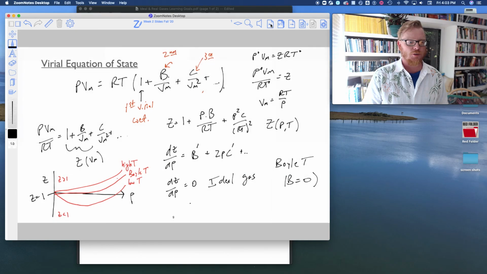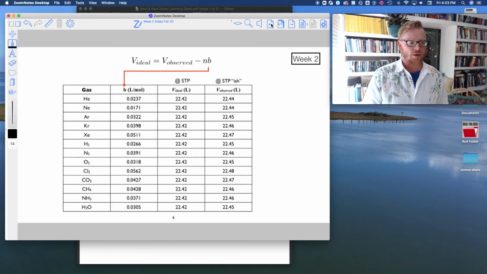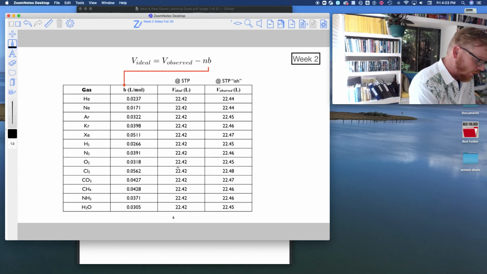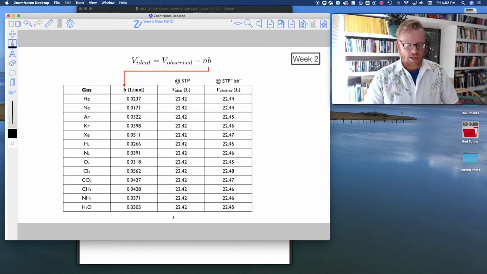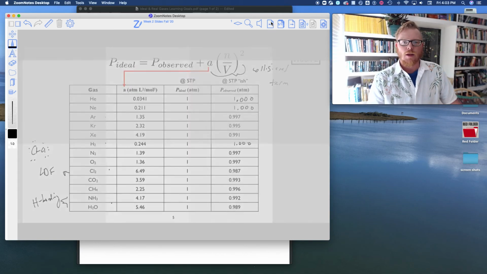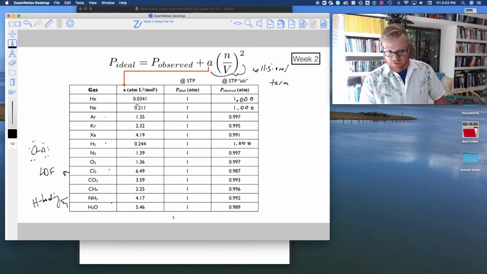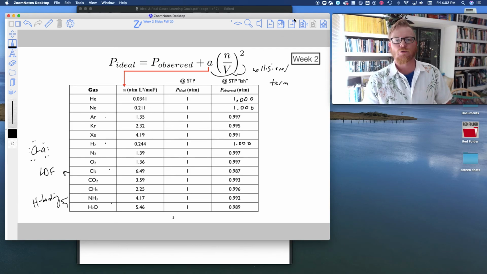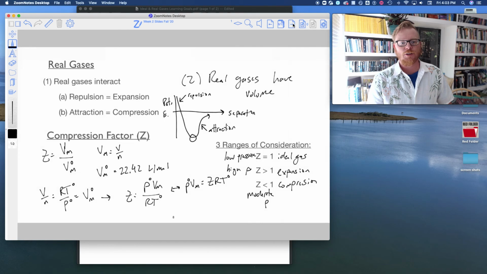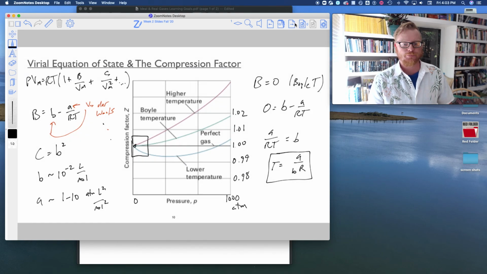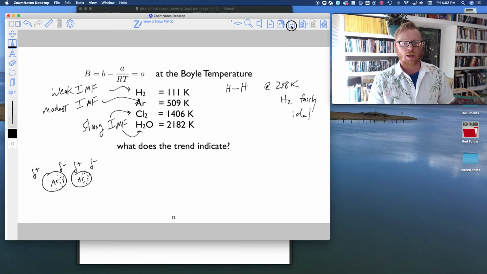Do I have the CO2 data in here? Yes, I do. So let's write that down real quick. 0.0427 for b and 3.59 for a. And of course, I'm using the nominal units that we normally do, atm, not the standard bar.